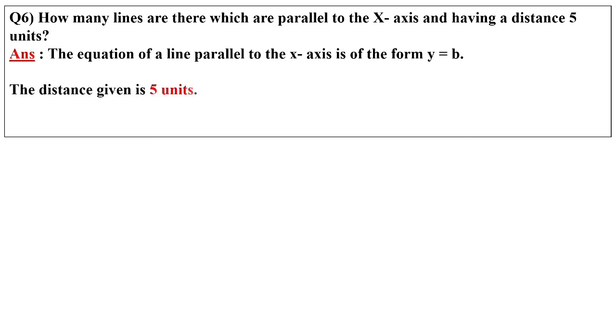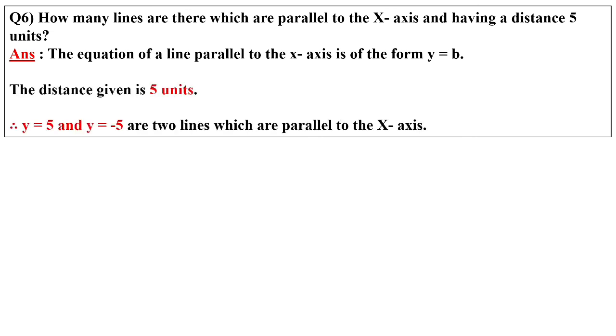The distance given is 5 units, right? So y equal to 5 and y equal to -5 are the two lines which are parallel to the x-axis. If it is mentioned above, then only one line can be drawn, it will be positive 5. If it is given below, also only one line can be drawn, which will be -5. But in this question nothing is mentioned. So here we can draw two lines where the y value will be positive 5 and negative 5.